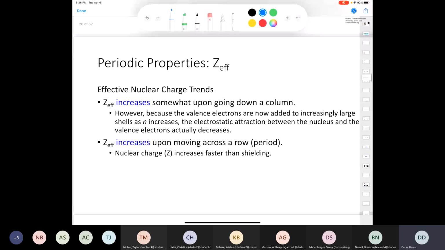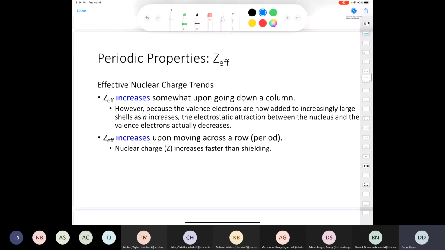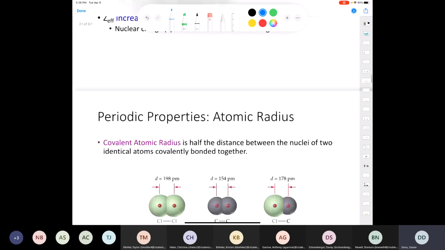So effective nuclear charge increases somewhat going down a column, but because we're adding electrons to shells with higher principal quantum numbers, the atoms are still increasing in size, but based on effective nuclear charge, the size of atoms decreases going across a period.